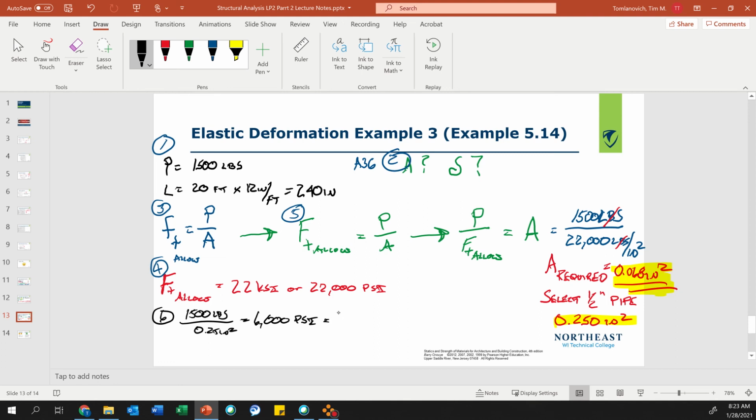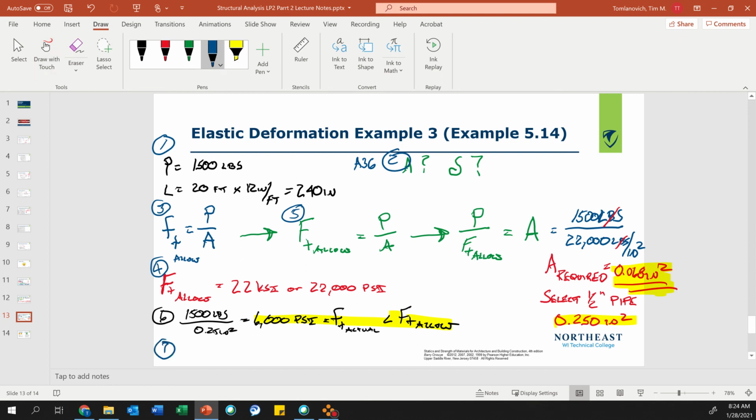This equals F tensile stress actual, because we selected a half inch pipe. That's my actual stress from that load, and it's 20 feet long, and that is less than FT allow. It's always good to go back and check, because if this area is smaller, we're going to exceed this. Okay, so we're good. That's awesome. All right, let's do 7.